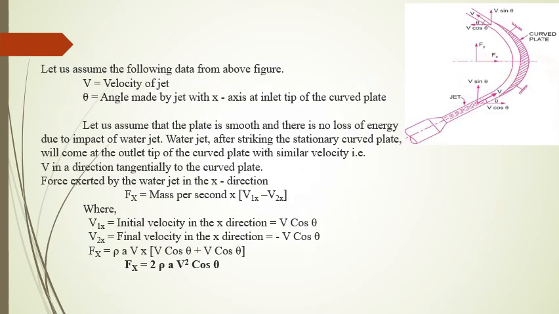Let us assume the velocity of the jet is v and theta is the angle made by the jet with x-axis. Here the plate is symmetrical. So theta is the angle made with x-axis at the inlet of the jet and at the outlet of the jet. Let us also assume that the plate is smooth.